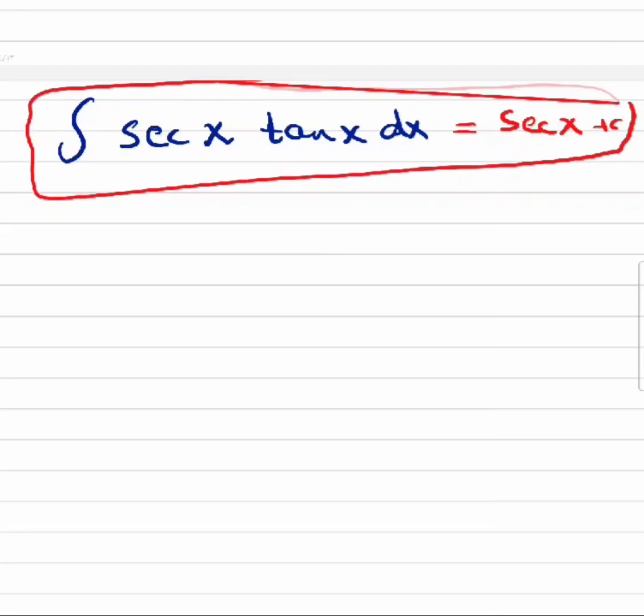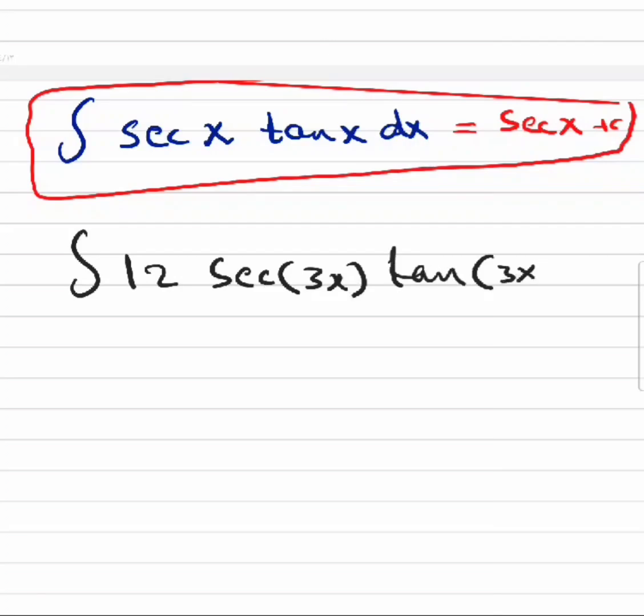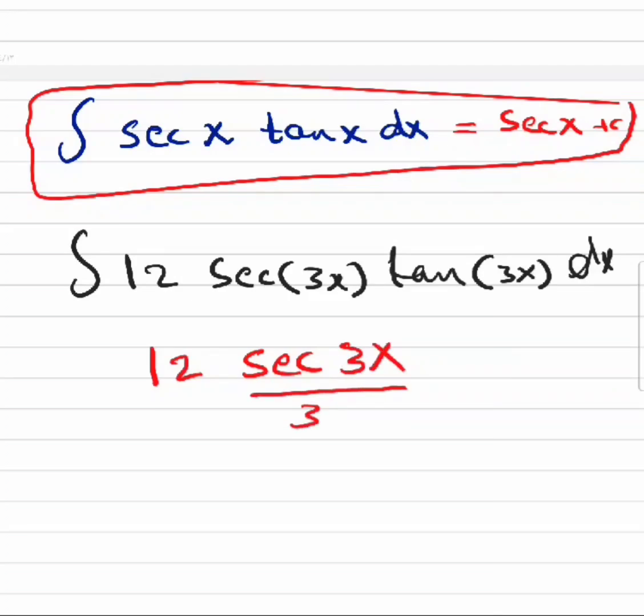So if we have the antiderivative of 12 secant 3x tangent 3x, this is equal to 12 secant 3x divided by 3 plus c, which is just 4 secant 3x plus c.